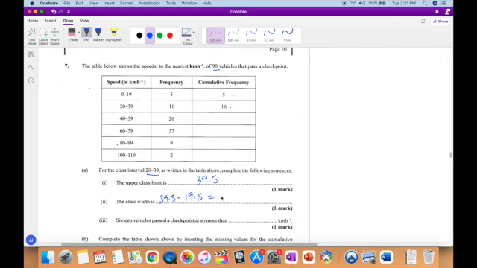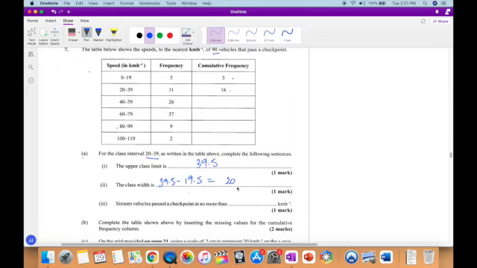And that gives us an even 20. 16 vehicles, so 16 and under, passed the checkpoint at no more than 39.5 kilometers per hour.